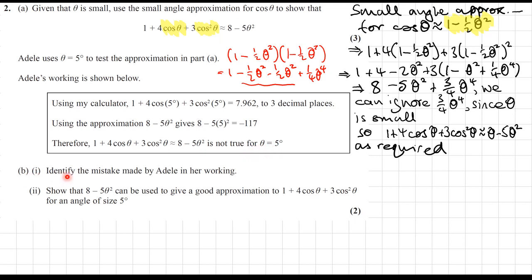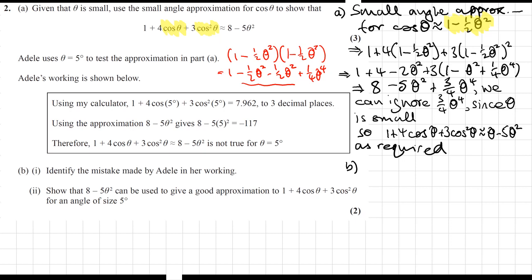There's 2 parts to part B. It's saying, first of all, identify the mistake made by Edexcel in her working. Now, the first mistake is look at the size of these numbers. If she was working in radians, as she should have been, you wouldn't get these numbers. These are the types of numbers you would expect to get if you are working in degrees, because these numbers here represent angles.